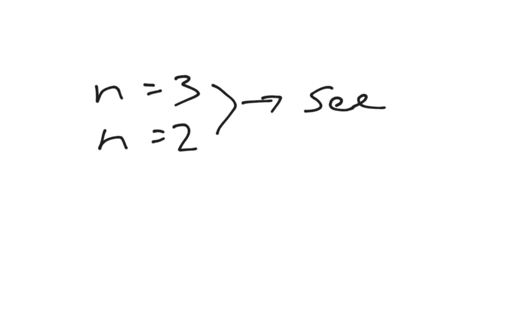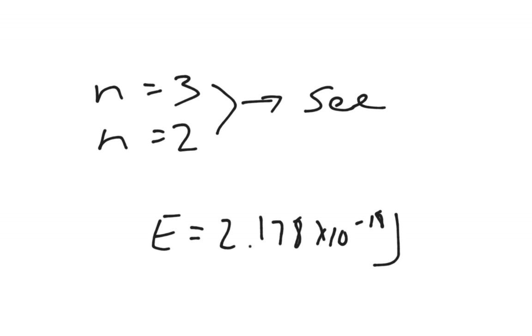The equation that Bohr came up with to discuss this was that the energy level should be equal to negative 2.178 times 10 to the negative 18 joules times Z squared over N squared.